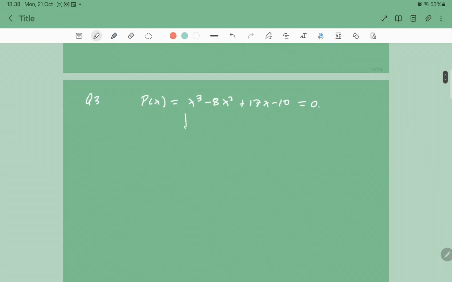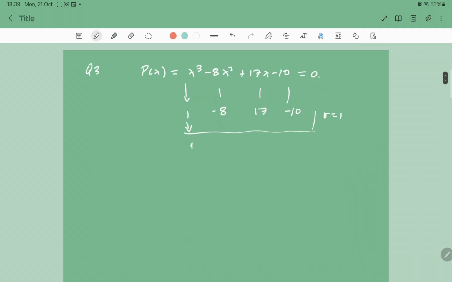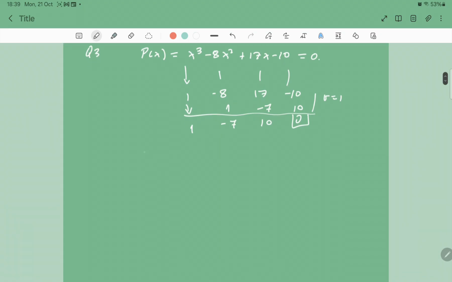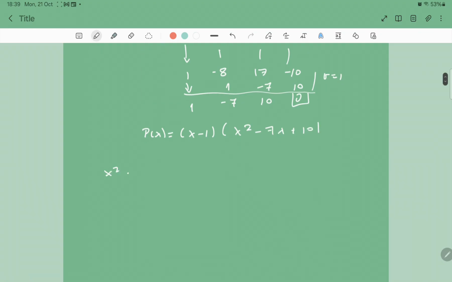Let's go to question 3. I find the coefficients of the polynomial. I kickstart the Horner scheme with initial guess 1. I factorize this quadratic polynomial.